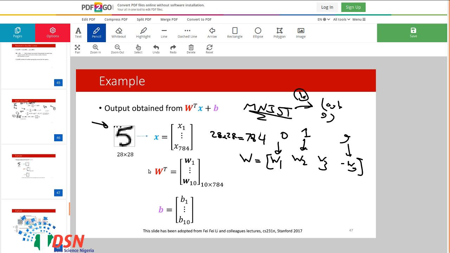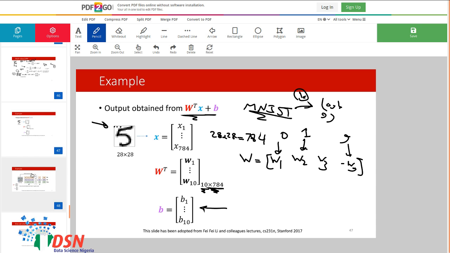So the weight matrix of our model has 10 rows and 784, which is the dimension of the vector x, columns. Okay, and these are just the biases for each class.